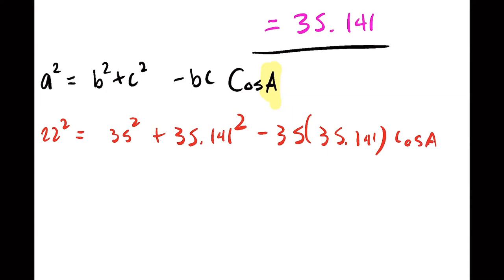Okay. And so again, we want to solve for cosine of A. So first, subtract each side by this sum here. So that would be step one. And then in step two, go ahead and divide both sides by this coefficient.